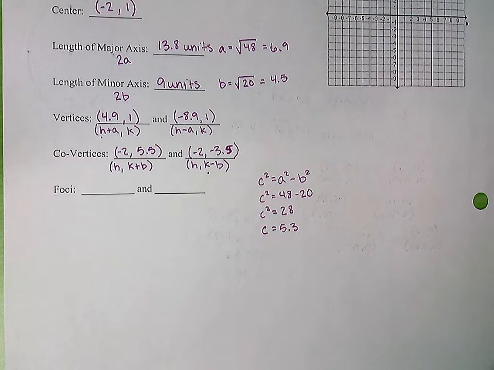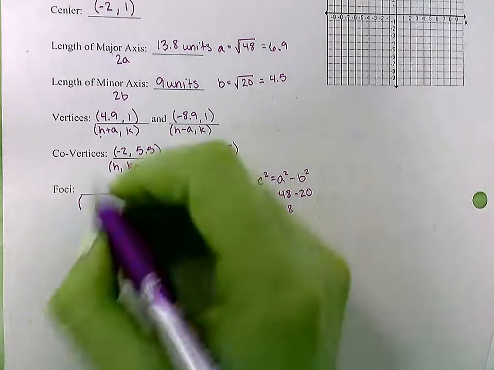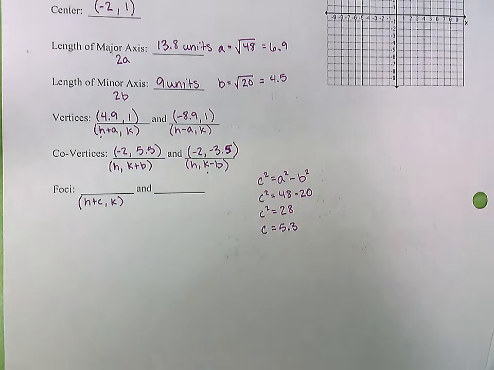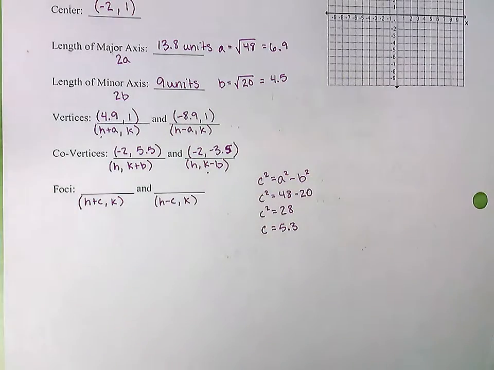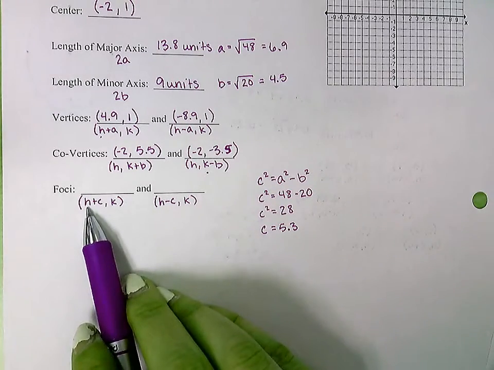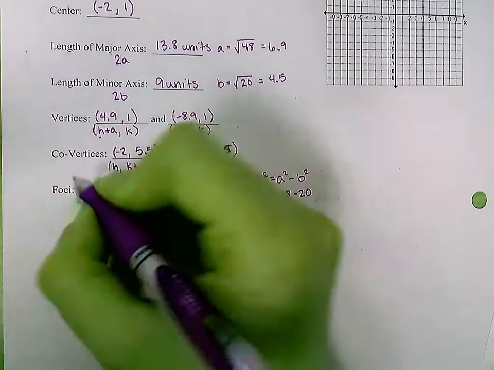Then again, I'm just going to use my chart for my foci points. To find those, I need to take h plus c and h minus c. I'm just looking at that table under the foci point for a horizontal ellipse. So now I can take h, which is -2, add on 5.3 since that's c.